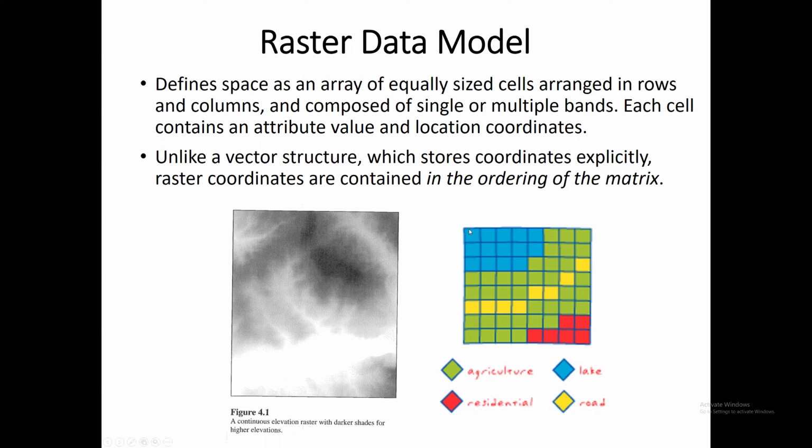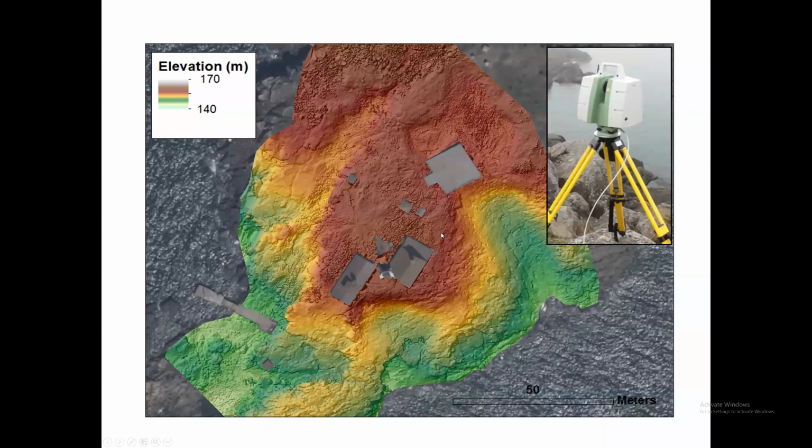The blue is lake, the green is agriculture, the yellow is road, and the red is residential. If you're red-green colorblind, this will be a little bit challenging for you. The colors tell you something about the underlying data set.